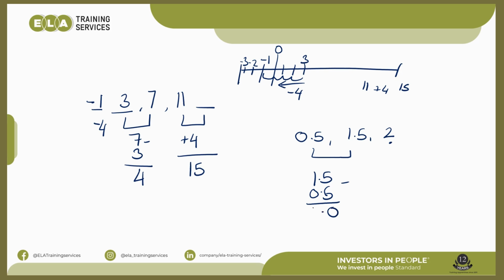So we're going up in 1 increments each time. So to get from 0.5 to 1.5, we'll plus 1. And to get from 1.5 to the next number, plus 1 gives us 2.5.